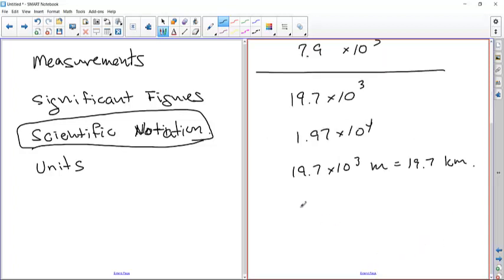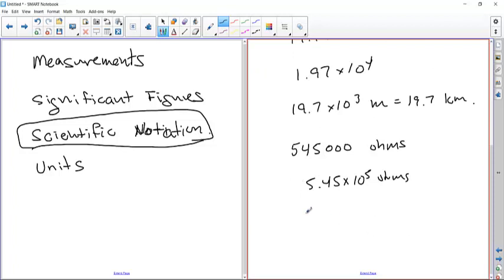Or if you did it as like a resistance, we'll talk about resistance at some point, but if you had a really big resistance, like 545,000 ohms, you could write that as 5.45 times 10 to the 5th ohms.